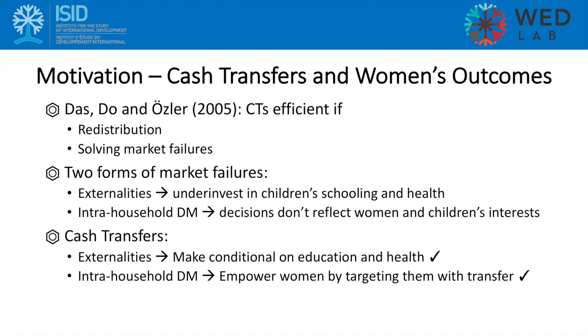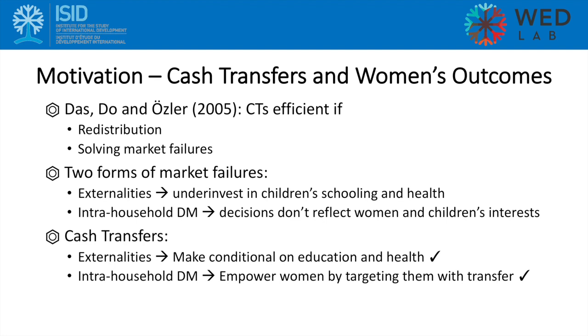Is it true that the husband is always making the best decision for the children and the wife? It's not necessarily clear that that's the case. There could be very interesting dynamics happening within the household where people's preferences aren't necessarily acted upon in a way that's best for the individuals within the household.